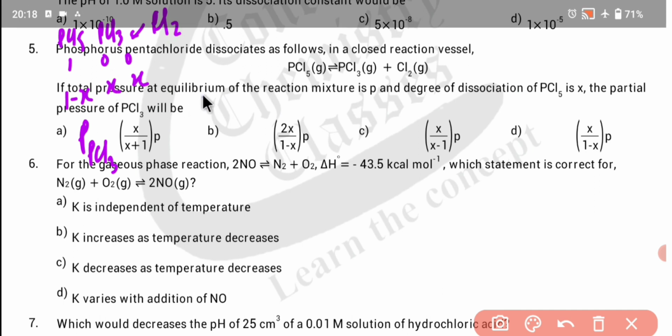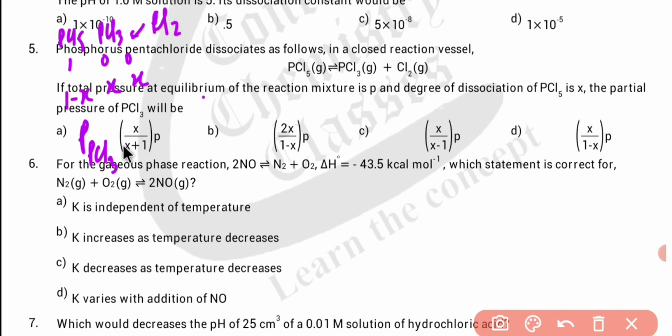So the partial pressure of PCl3 is the number of moles of PCl3 divided by total moles, in fact the mole fraction of PCl3, multiplied by total pressure. The number of moles of PCl3 is x, and the total moles will be 1 plus x.